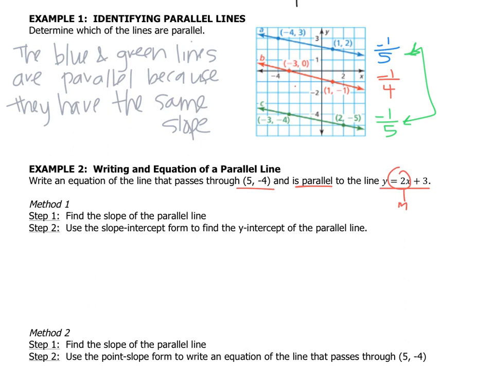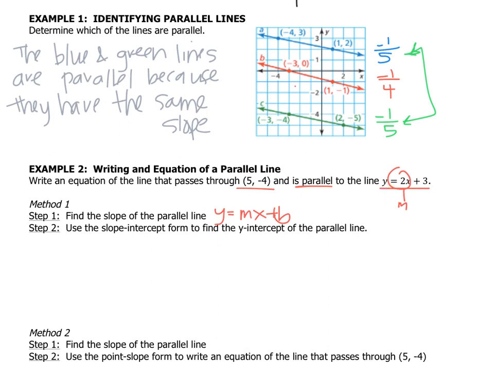So you can do this two ways. One is to use the y equals mx plus b formula, and the other is to use the point slope formula that we learned last lesson.